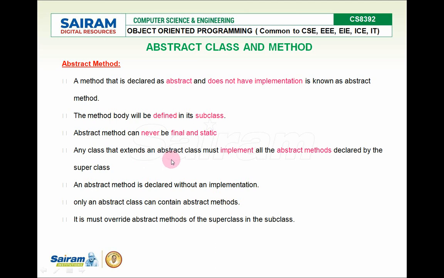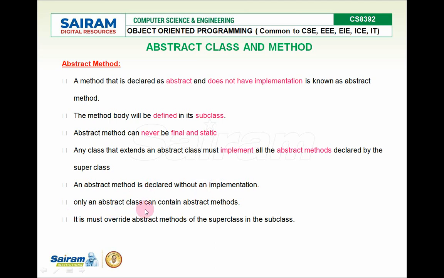Any class that extends the abstract class must implement all the abstract methods. We know that an abstract method doesn't have a definition, right? So if any class is extending the abstract class, that child class must implement all the methods. That's about the abstract method. An abstract method is declared without implementation, that is, without a method body.